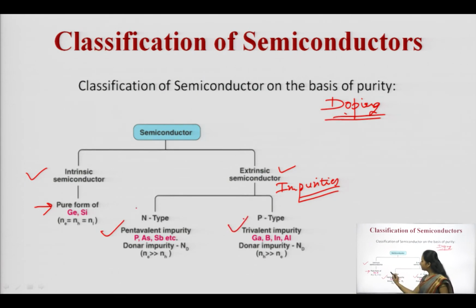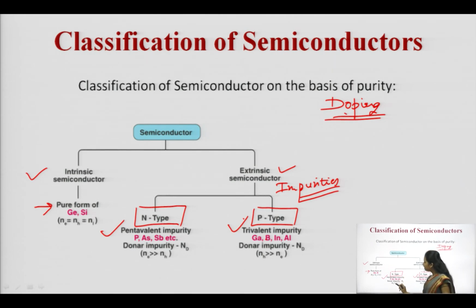If pentavalent impurity is being added, the type of semiconductor is known as N-type semiconductor, and if trivalent impurity is being added, it is known as a P-type semiconductor. Here some of the pentavalent impurities I have listed: phosphorus, arsenic and so on. Trivalent impurities, group 3: gallium, boron, indium.